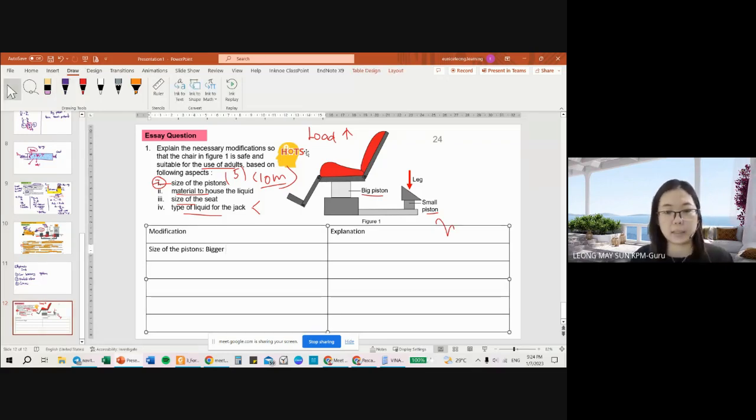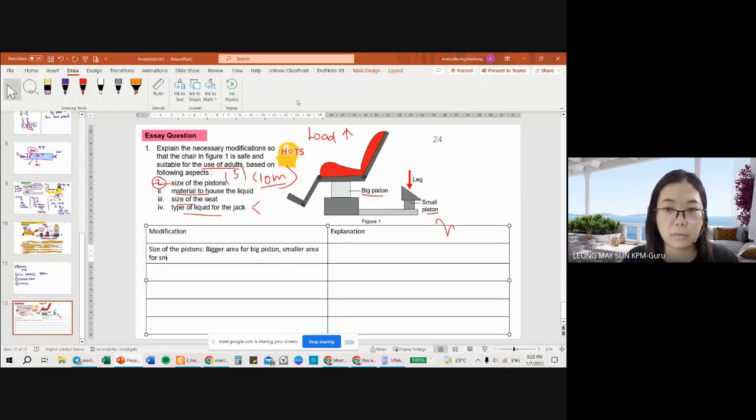Size of the piston, bigger area for big piston, smaller area for small piston. Explanation, what I mentioned just now, to have a bigger force multiplier.